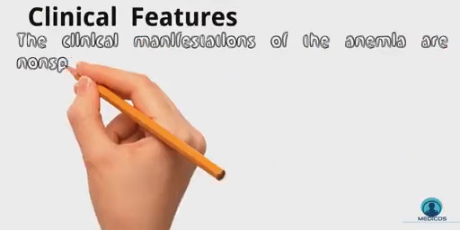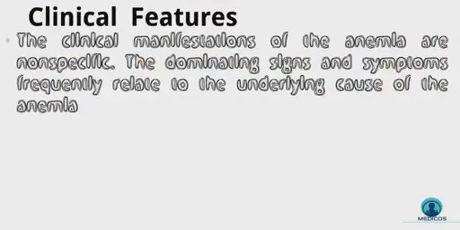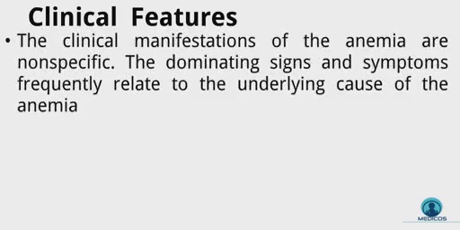The clinical manifestations of the anemia are nonspecific. The dominating signs and symptoms frequently relate to the underlying cause of the anemia, for example, gastrointestinal or gynecologic disease, or malnutrition.